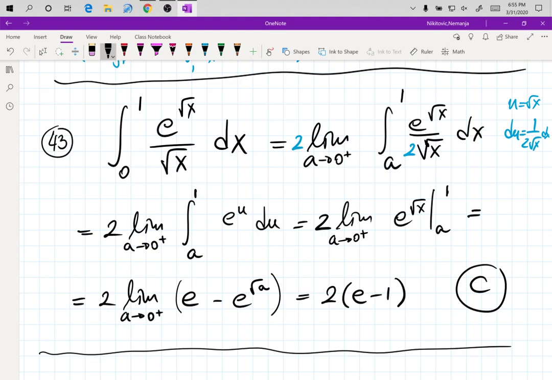Now, for some problems, guys, you are going to have to use L'Hopital's rule to find the limit. Remember, you find the derivatives, independent derivatives for numerator and denominator, and you go from there. So some problems will require that because the limit is going to be harder than the integral.